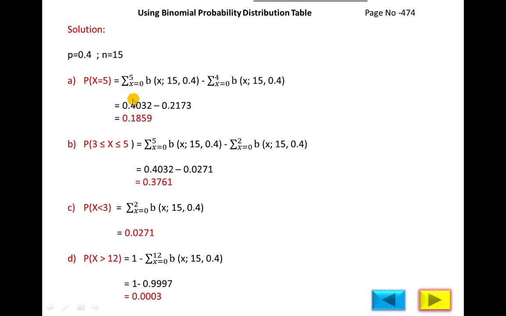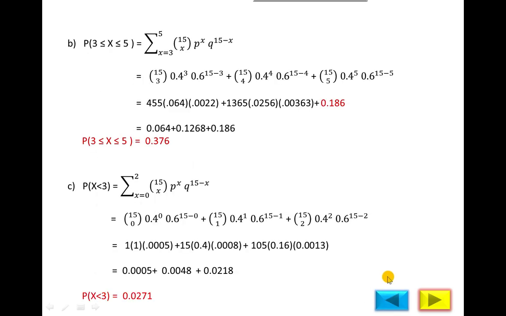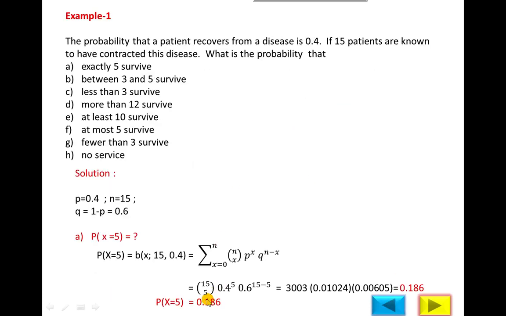This is a logical thing. You will obtain the same answer, 0.1859, approximately 0.186.